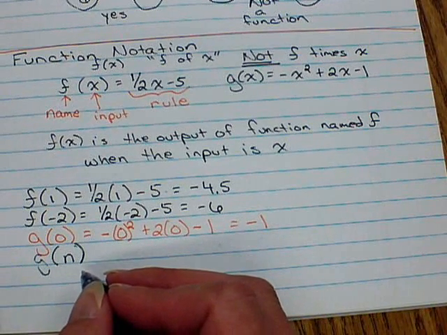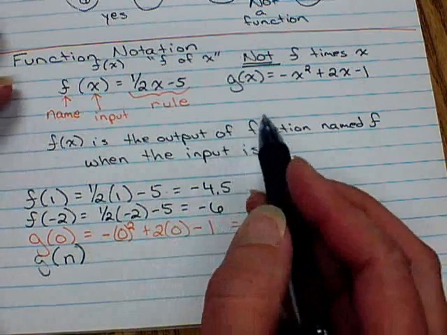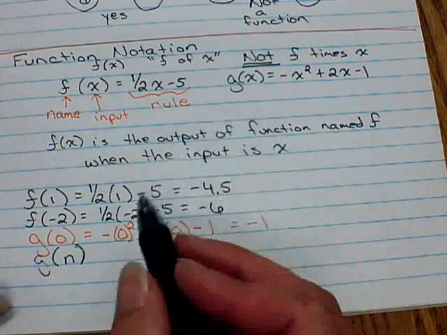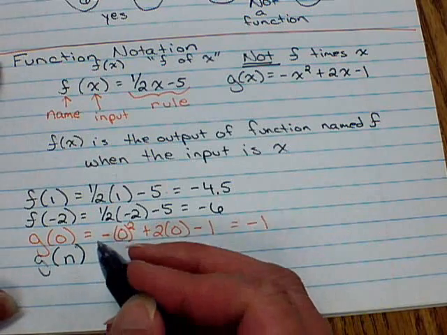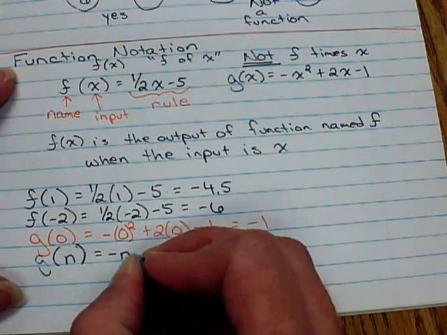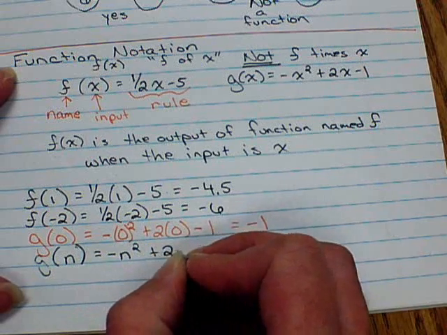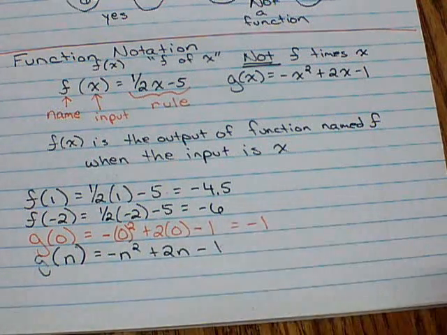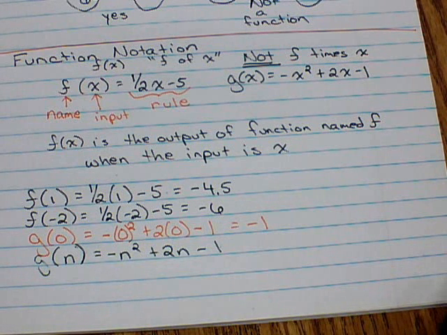So our input's not x anymore. It's not a generic x anymore. We're renaming it n. Well, you just plug it in just like we did. It's literally just going to replace your x. And that's the basics of how to work with function notation.